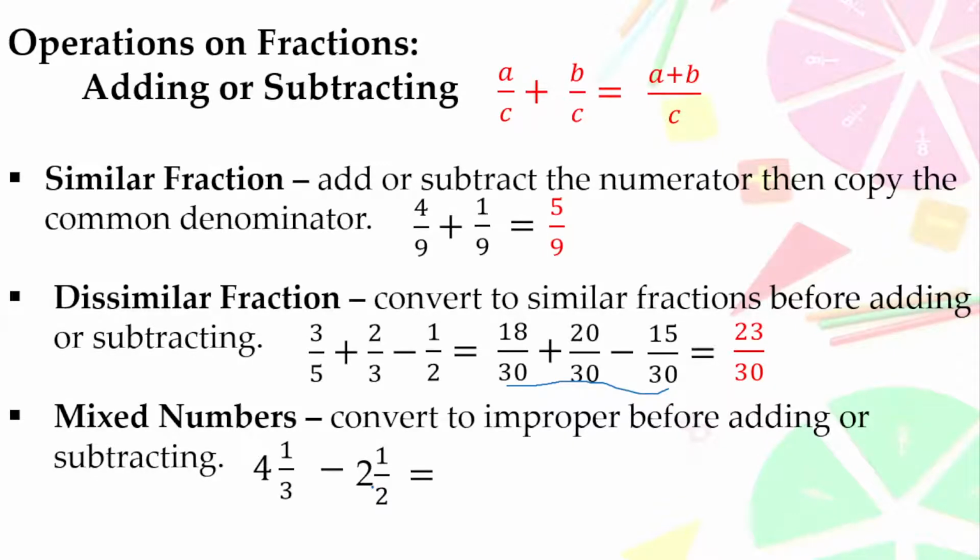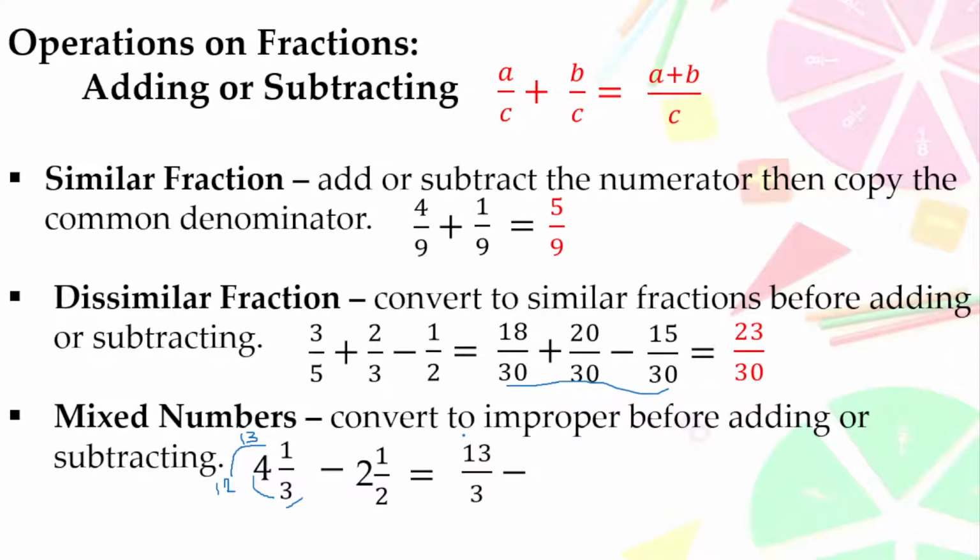So, katulad nga po na na-explain ko kanina, you just need to multiply the denominator to its whole number and you will get 12. And then add the product to its numerator, which is 1, and then you will get 13. And then you just simply copy the denominator, which is 3.